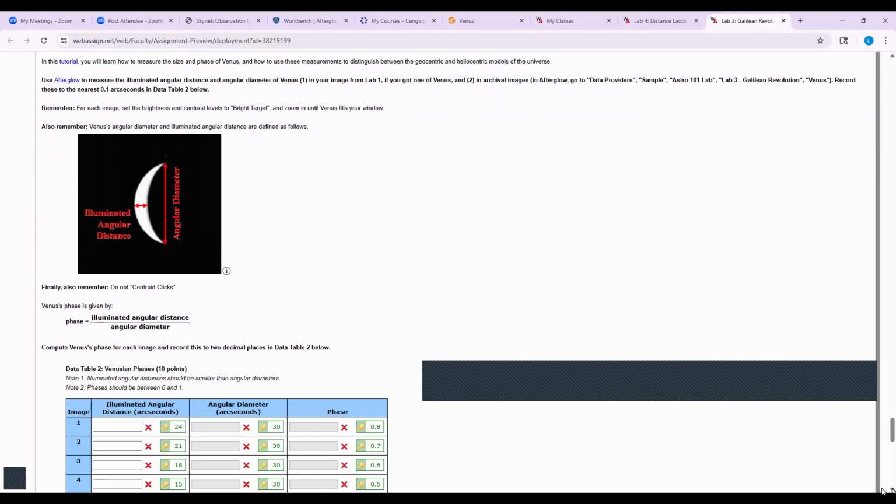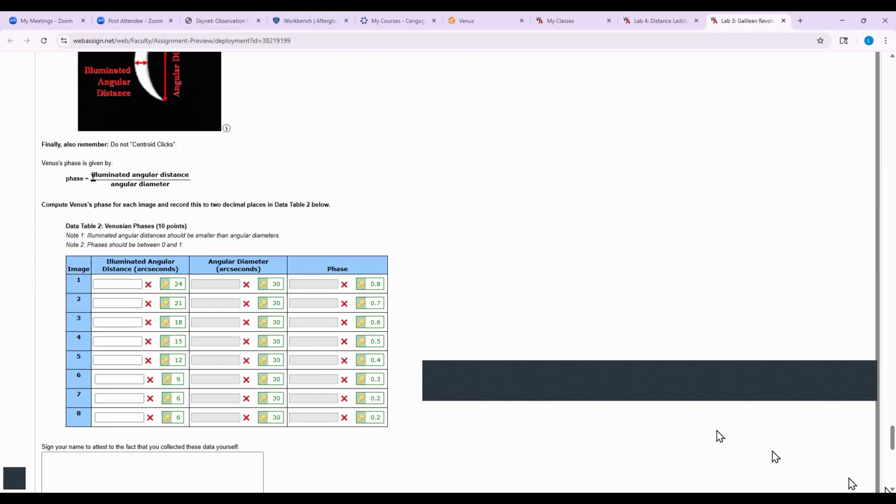And we're gonna see on Afterglow how we can do that. And the phase, based on the definition, gonna be like this: you divide the smaller value by the larger value, and that is the phase. The phase is gonna be 0.1 to a little bit more, 0.2, 0.34. We're gonna see how different the value is gonna be.